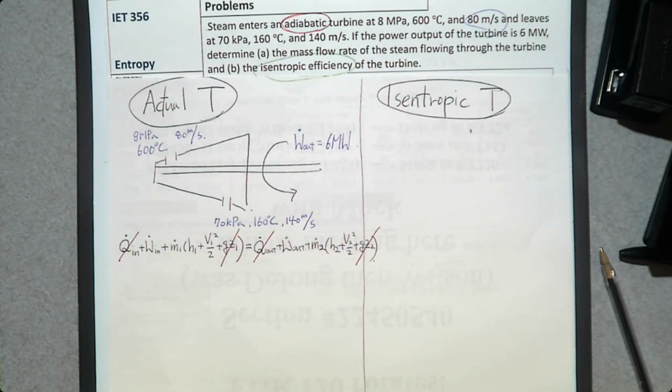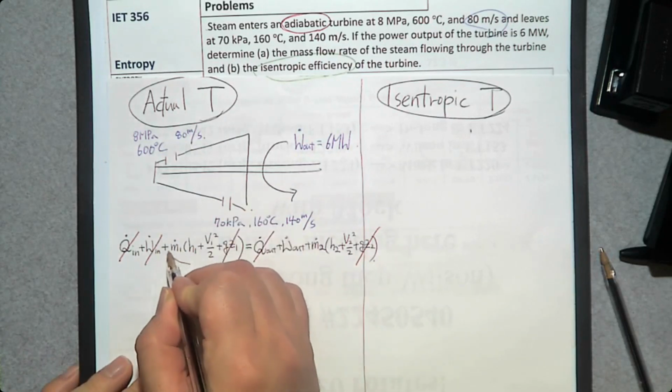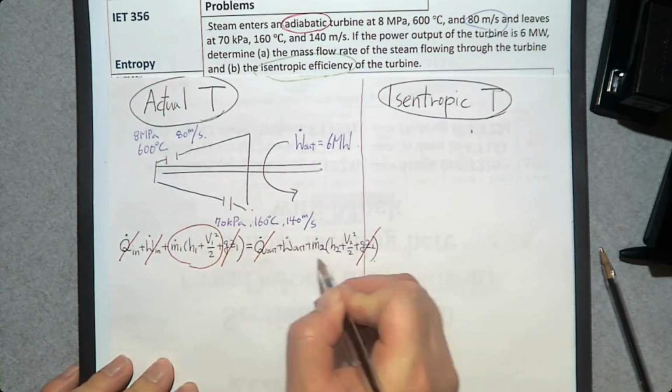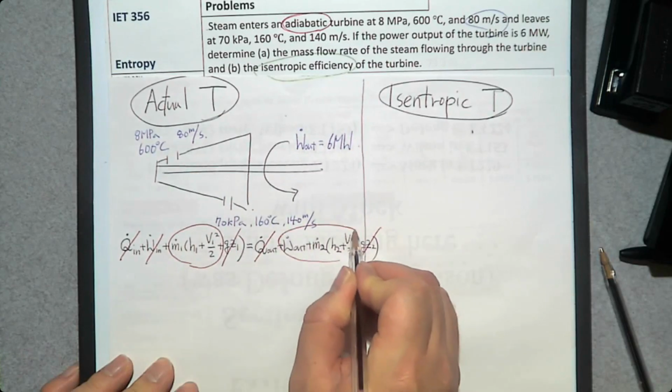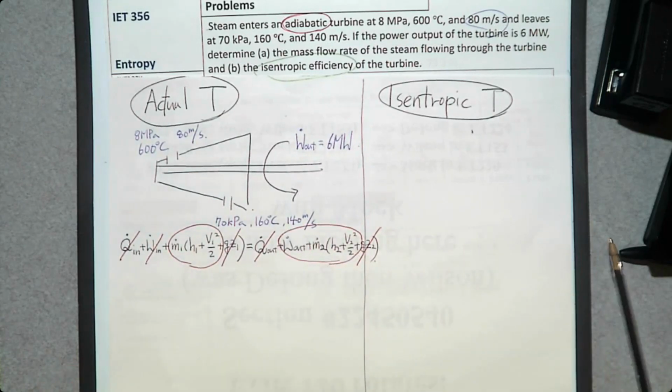And turbine does not consume power. So we don't have W in, right? I'm going to neglect that. So we have these two on the left-hand side. We have these three on the right-hand side.